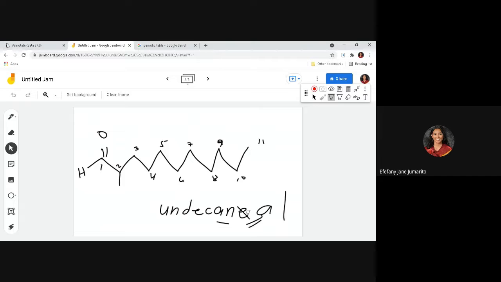So let us omit the e from our ane. Okay. So we will have undecanal. Okay. Then what about the substituent? Substituent. 2-methyl. Yes, 2-methylundecanal. Okay, so that's it.